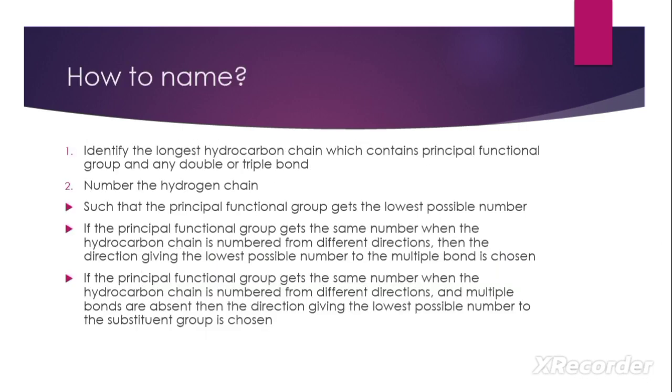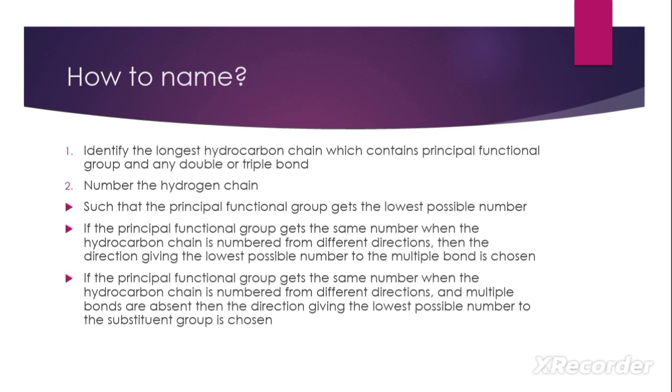The second step is to number the hydrocarbon chain. We have to consider three things in numbering. First, the principal functional group gets the lowest possible number. Or else, if the principal functional group gets the same number when numbering from both sides, we have to give the lowest possible number to the multiple bond.